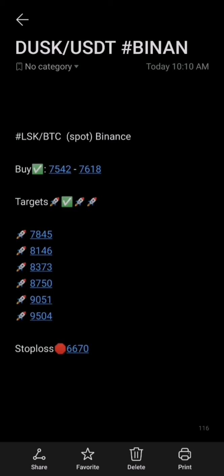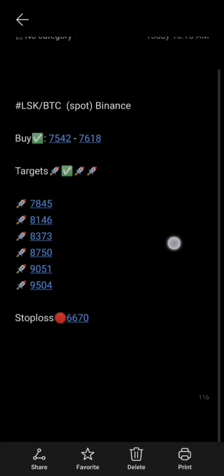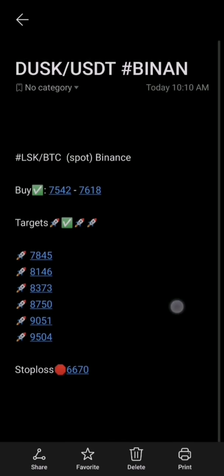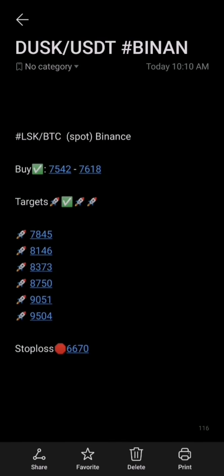Some people like to use it, but I personally use it when I'm trading futures, so that I don't get liquidated and can just get stopped out and take a little loss. In other words, we have the stop loss, which is 6670.